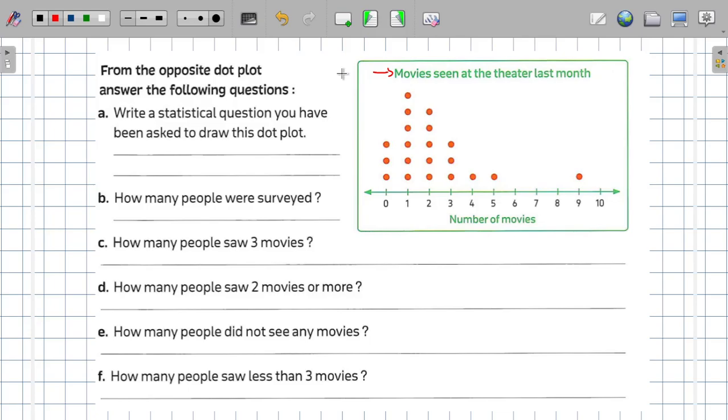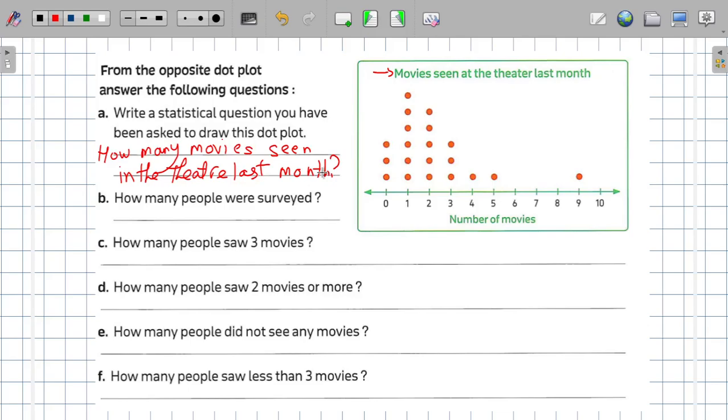I think if I add the words how many, it will be a question. So I can say how many movies seen in the theater last month. So I got my question.